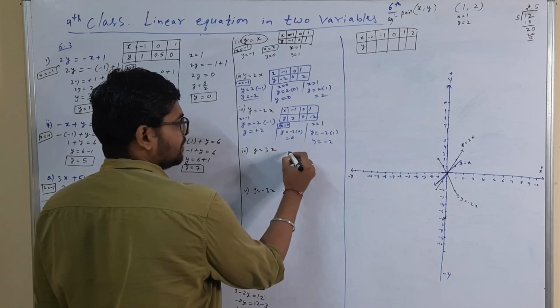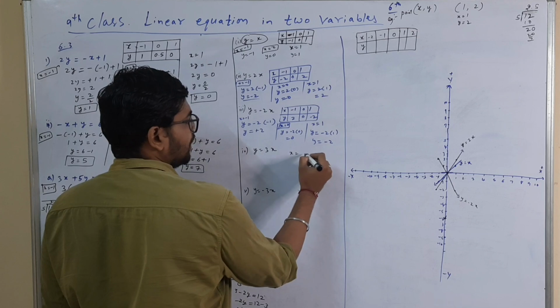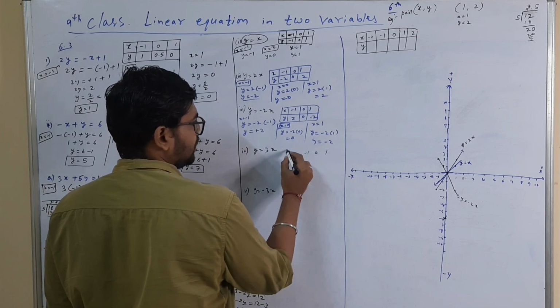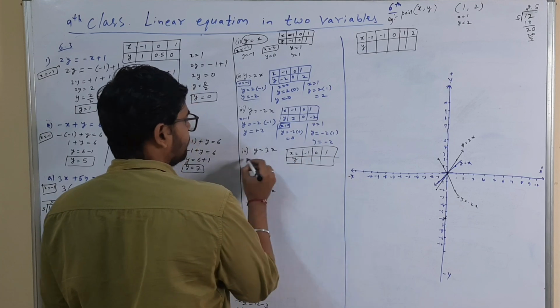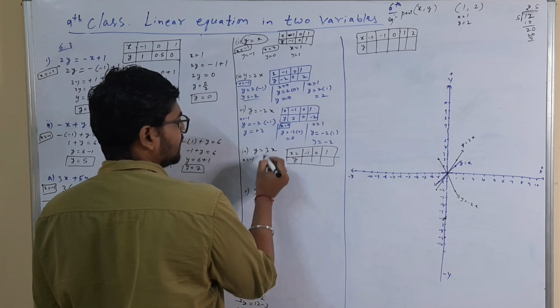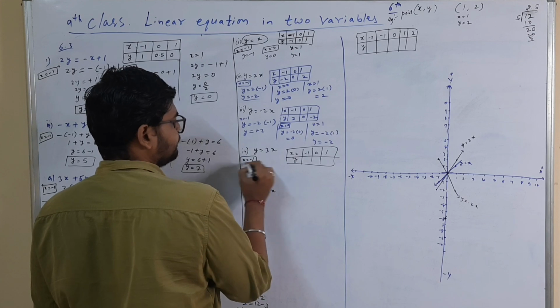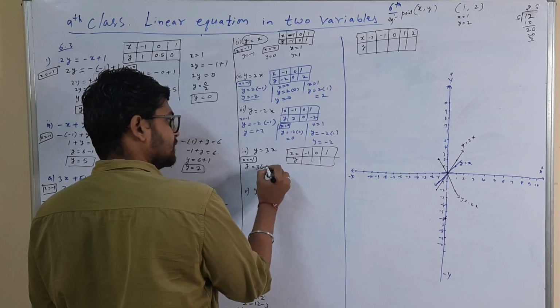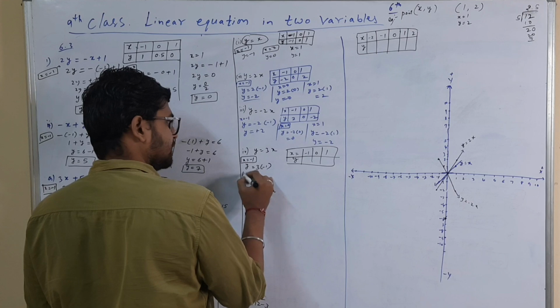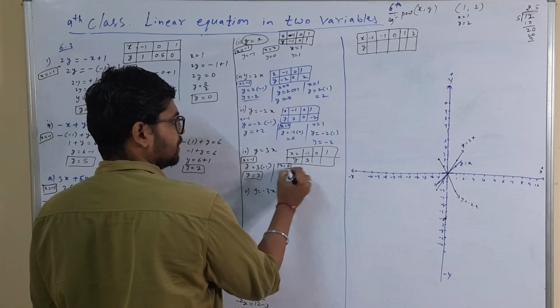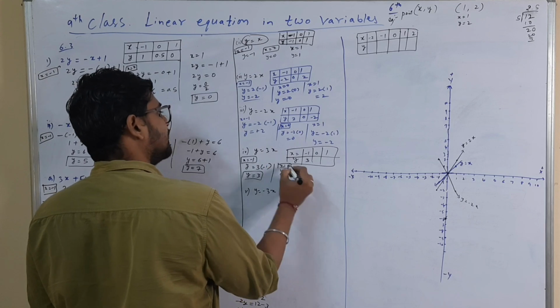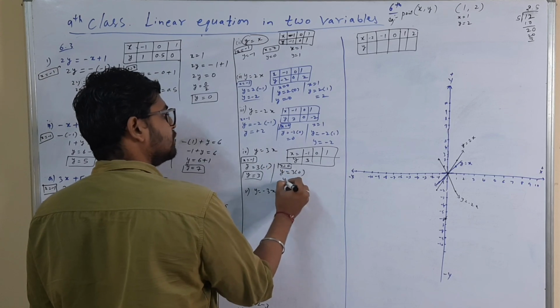So I'm taking the same x values, -1, 0, 1. Okay, we get the y values. So x equal to -1, I substitute, y is equal to 3 into -1, we get -3. Now x equal to 0, we substitute, y is equal to 3 into 0, which is 0.